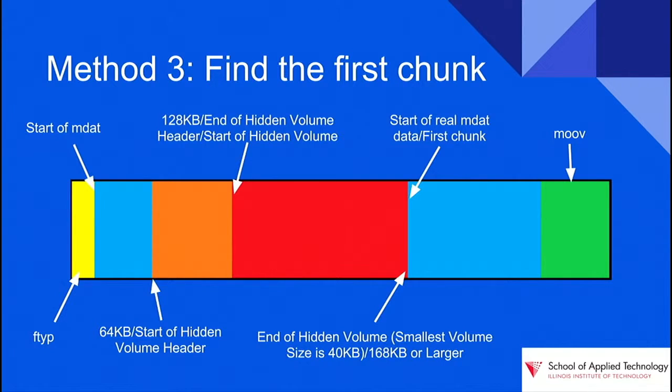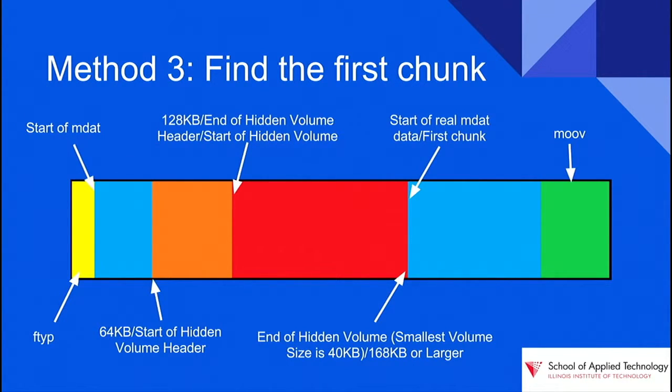So anything smaller than that, we could say there's definitely a header in this area. Our point is that if you find that the first chunk in the MDAT takes place somewhere after that 168th kilobyte, there's a good chance that there might be a hidden volume in there.